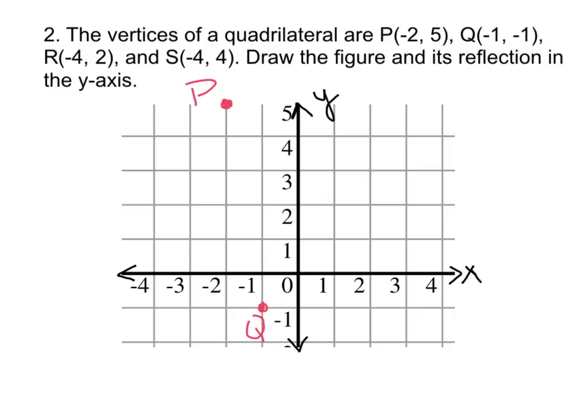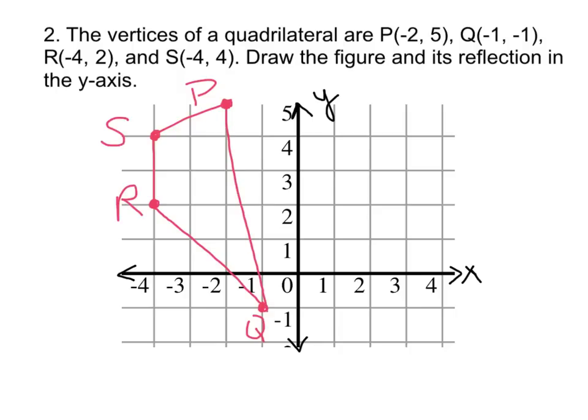So that's Q. R is -4, so left 4, up 2. And S is left 4, 1, 2, 3, 4, up 4. So if I connect this, there's my quadrilateral.